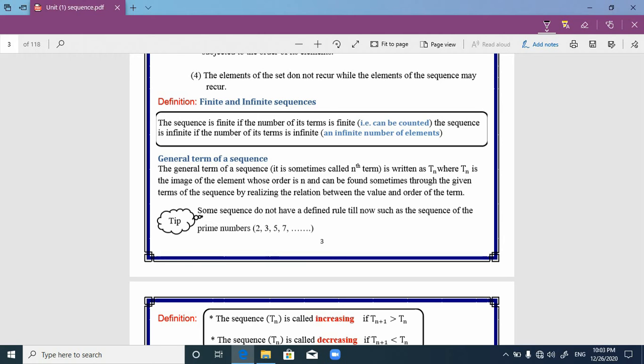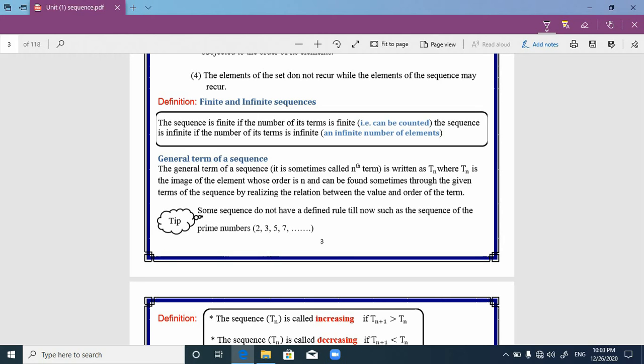Okay, let's see another title: the general term of a sequence. The general term of a sequence is sometimes called the nth term, written as Tn, where Tn is the image of the element whose order is n.